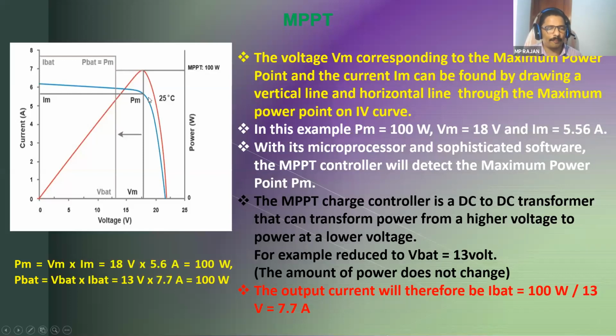So maximum power point 18 into 5.6 is also 100 watt, but your battery voltage and battery current, E bat and I bat, that is 13 into 7.5. So 18 को आपने 13 कर दिया, so 5.6 बढ़ गया, 7.7 हो गया. Whereas आपका PWM method में there is a waste. Your battery is getting only 81 watt power. So this is the difference between PWM and the MPPT charge controller.